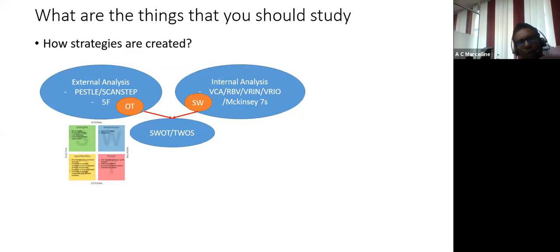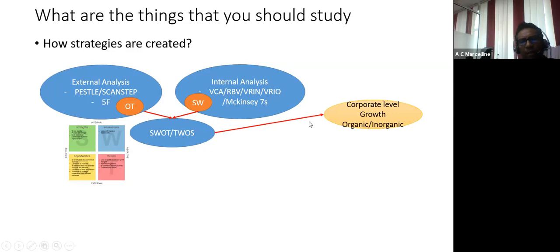Once you have your SWOT matrix done, you have to work on your corporate level analysis, which is how you're going to grow, whether organically or inorganically. Organically, we know that you grow by yourself.